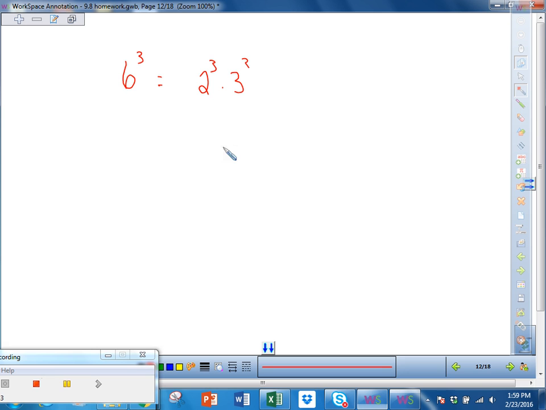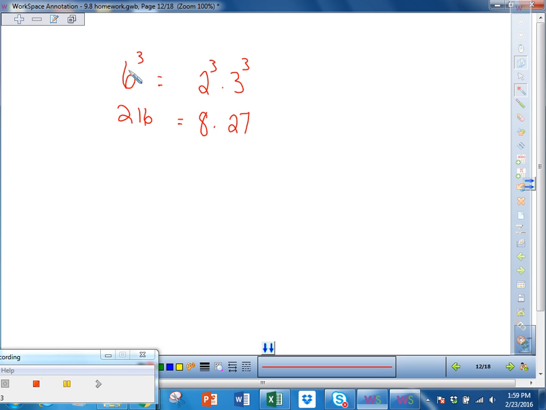Take your calculator out, let's figure it out. This is 8 times 27, and this is 216. Are those the same? It's the same.